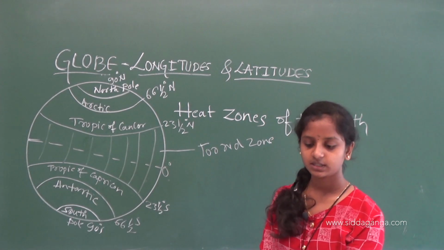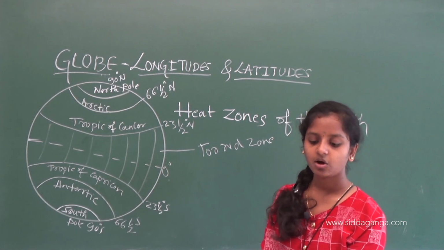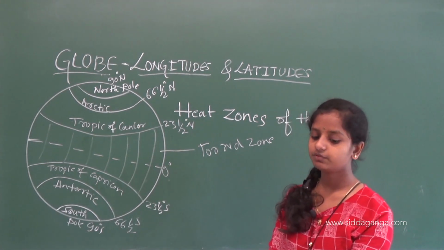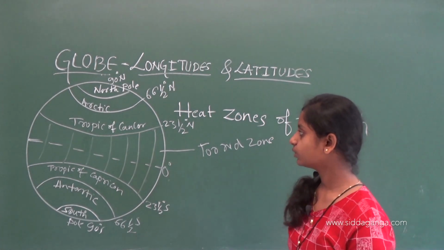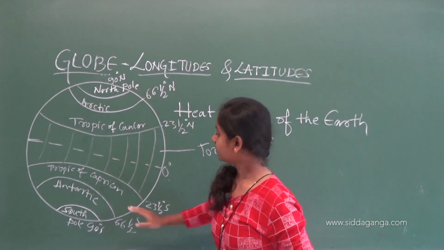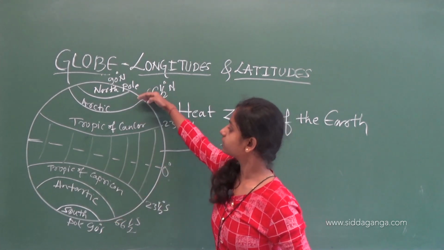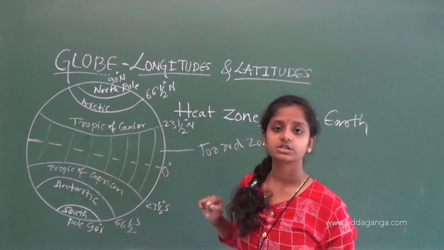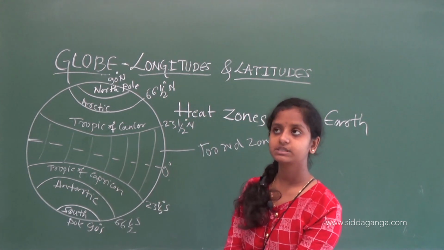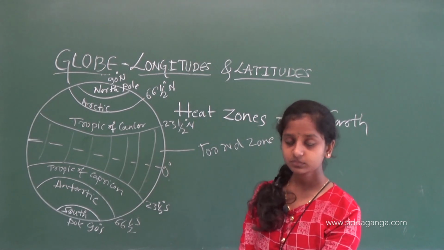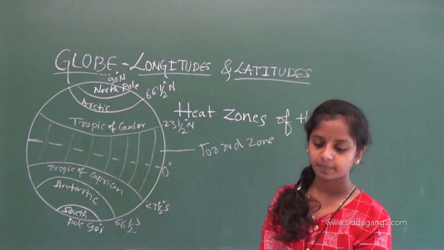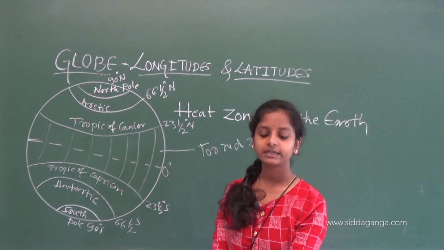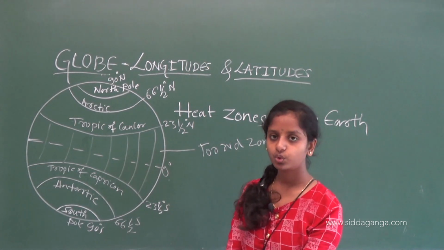The midday sun never shines overhead on any latitude beyond the Tropic of Cancer and the Tropic of Capricorn. So in this area and this area, beyond the Tropics, the sun will not be overhead at midday. The angle of the sun's rays goes on decreasing towards the poles.